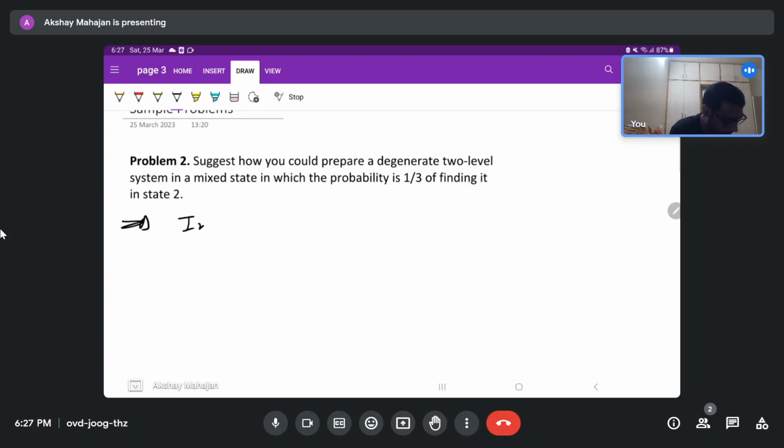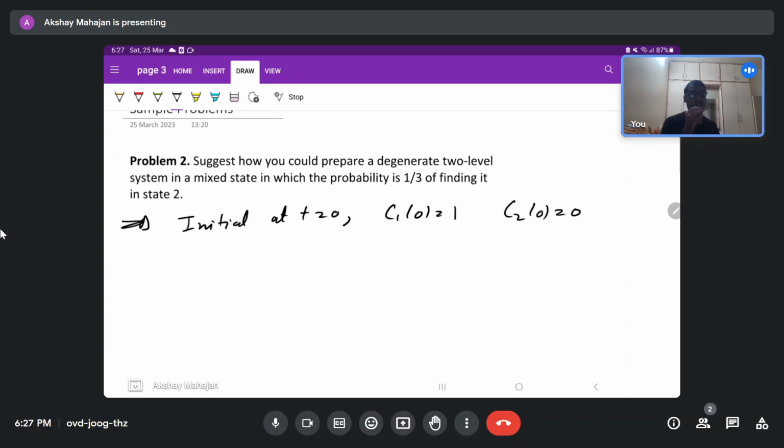Again we have the initial condition at t equals 0. We know that C1 of 0 is 1 and C2 of 0 is 0.